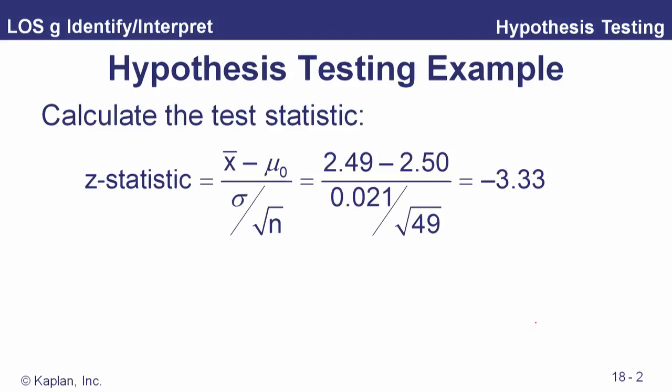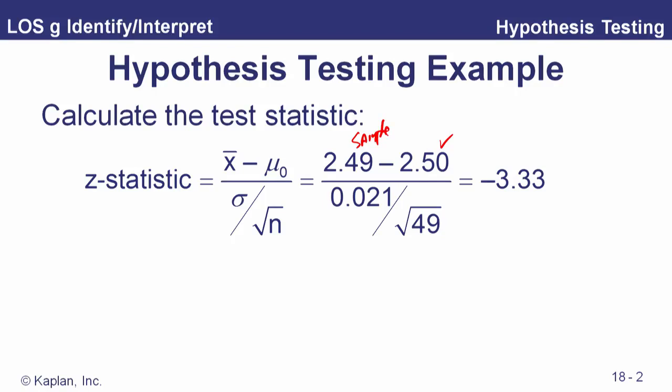So let's calculate our test statistic. Well, in the numerator, we've got the difference between our hypothesized mean and our sample mean, and it doesn't seem very big, 0.01. But whether it's big depends on how many standard errors we are away from 2.5.